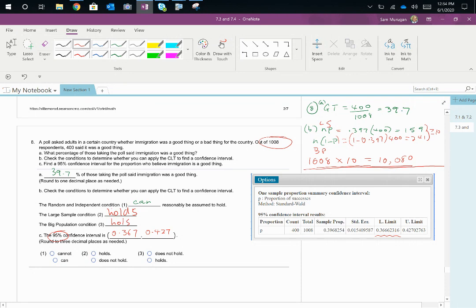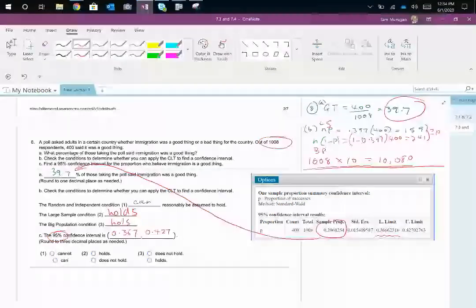Okay, notice that the calculator also calculated that proportion right there, that 39.7, in case you wanted to get it from here. The StatCrunch program did that for you. So this is saying that the interval is between 36.7 and 42.7.